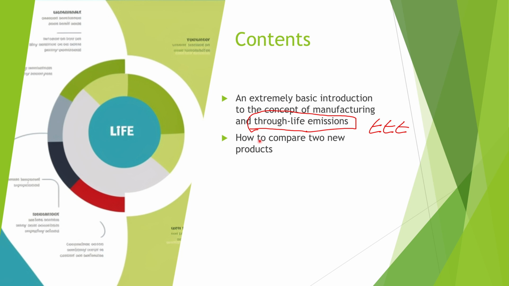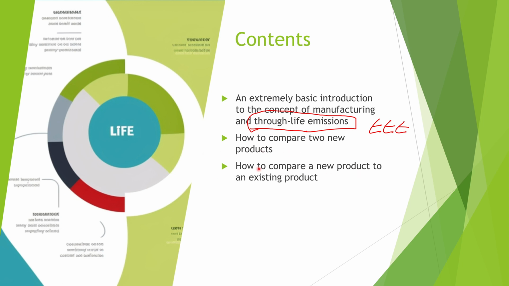We're going to look, based on this concept of through life emissions, at the comparison between two available new products. For example, you're going to the shop today with a bunch of cash and you have a choice of two items. Which one do you buy based on your knowledge of the total emissions that that product is going to generate? We're going to look at a more common scenario, I guess, which would be whether or not to replace a product that you already have.